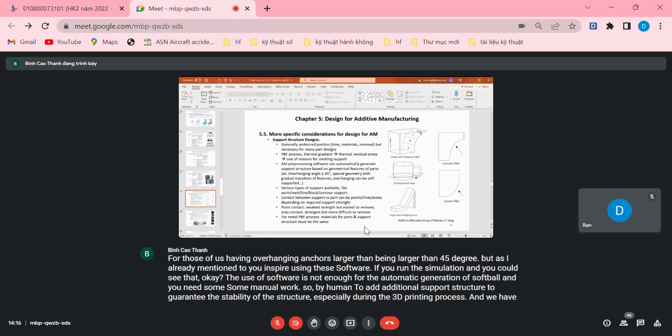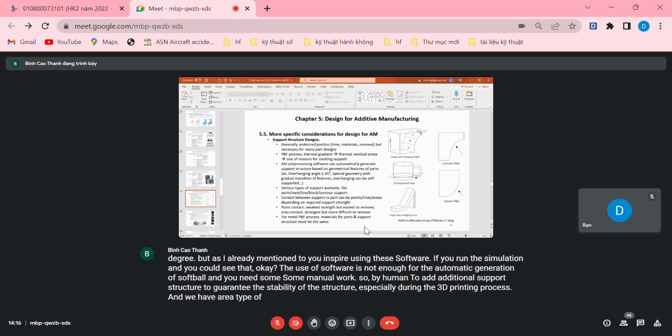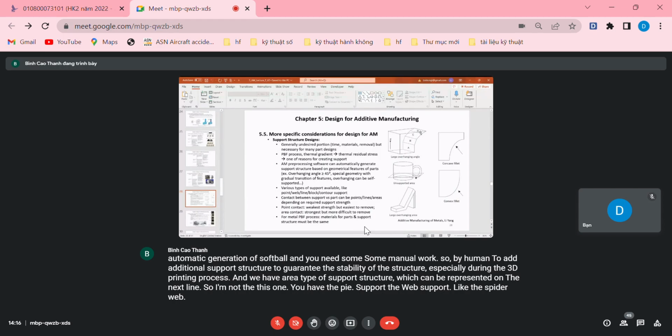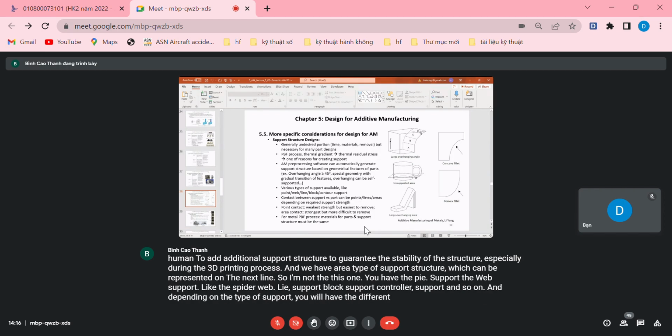And we have various types of support structure, which will be presented on the next slide, not this slide: the point support, web support like a spider web, line support, block support, contour support, and so on. Depending on the type of support, you will have different contact between support and part.